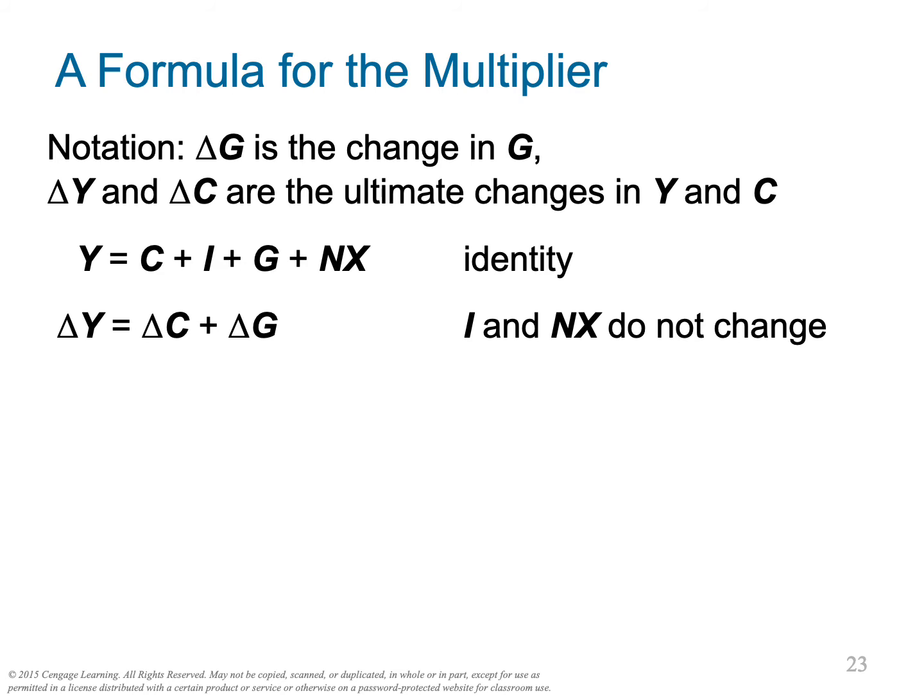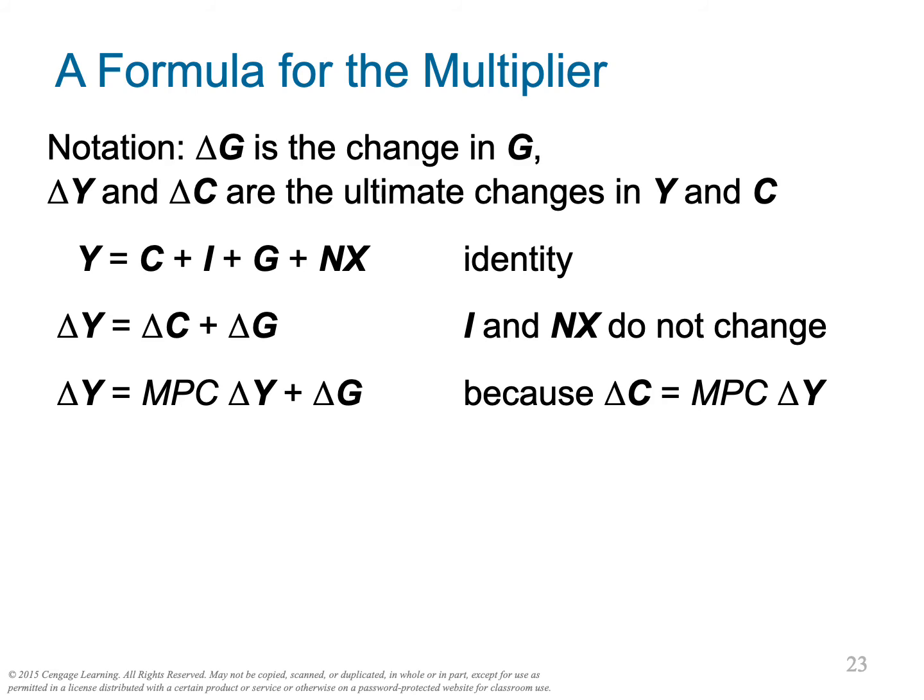Now we can rewrite delta C as MPC times delta Y, right? So again, in that previous example, delta Y was 100, and if MPC is 0.8, then the change in consumption is $80, right? So we just rewrote that second equation there.